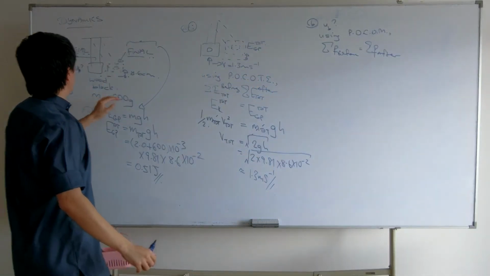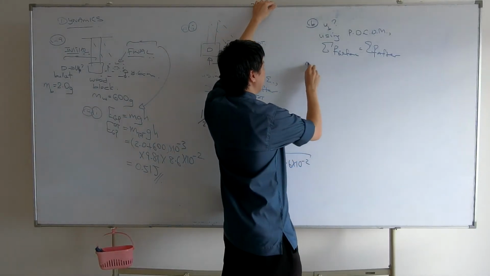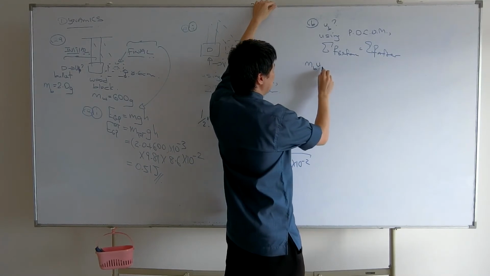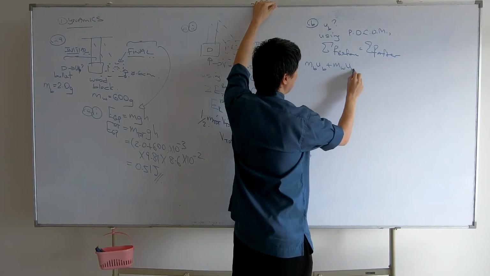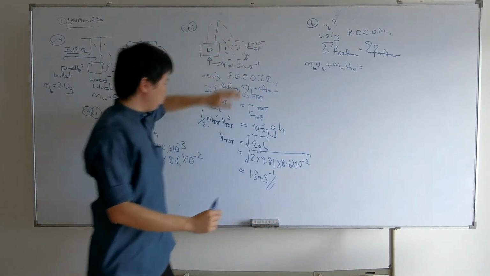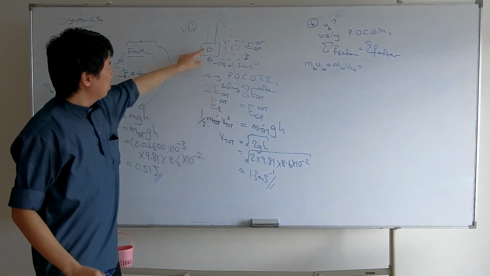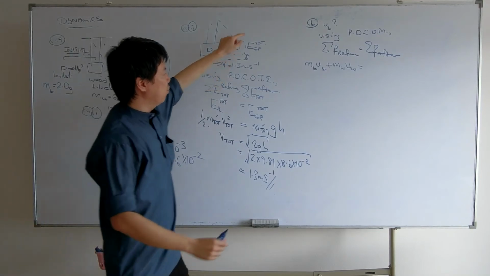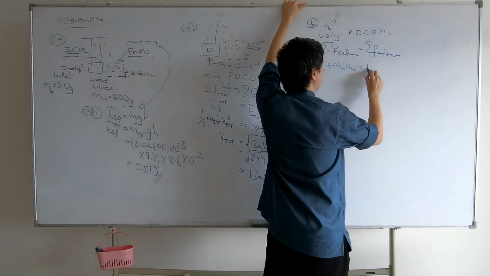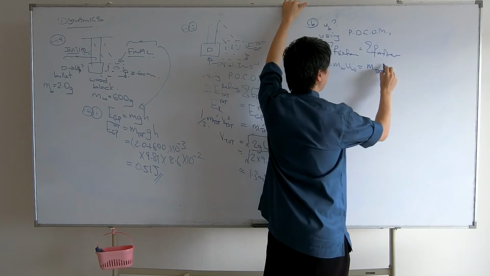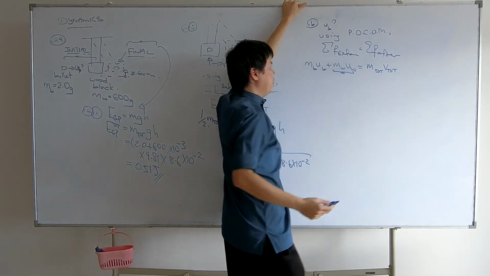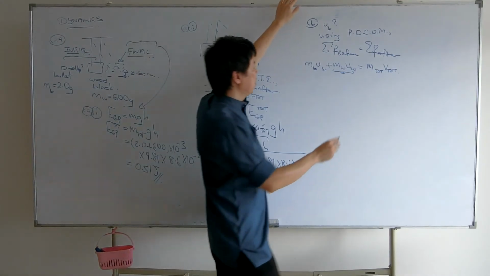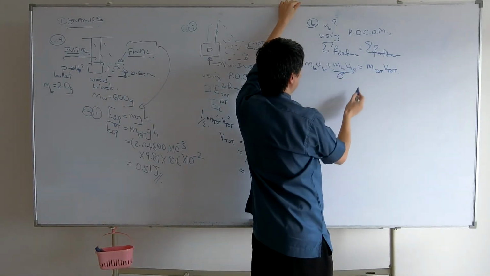Momentum before, we have the bullet and the block, and in this case we already know what's happening from the question. The block has a final velocity here, so m total v total. We know the wooden block is stationary, so this is 0.